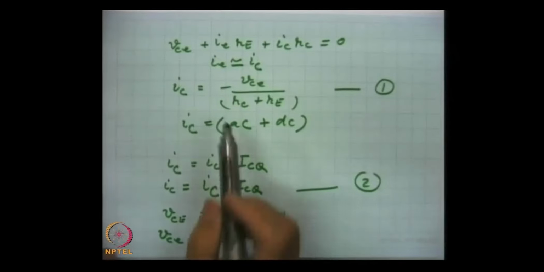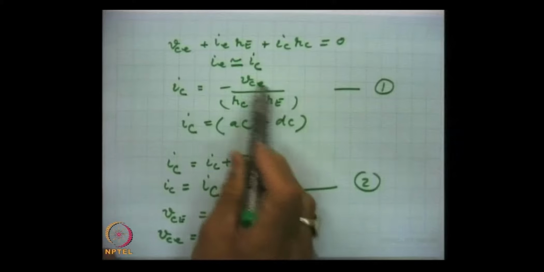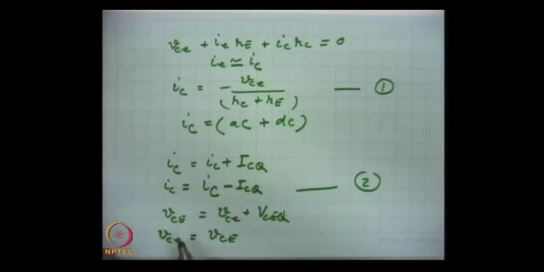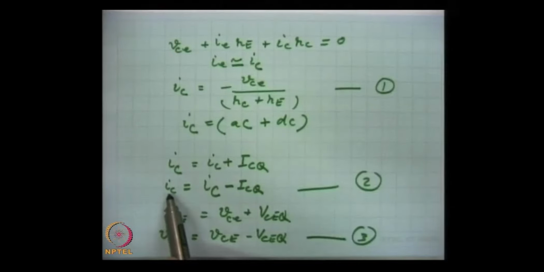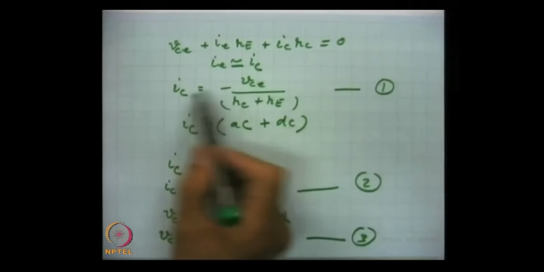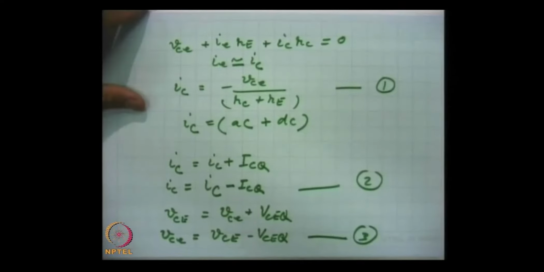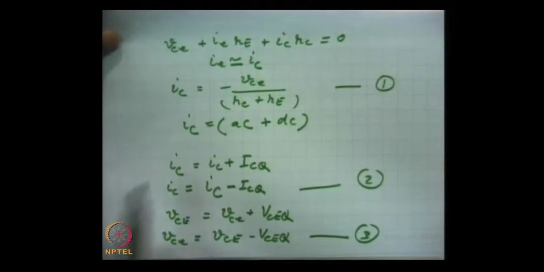These small letters we are using for AC components everywhere, and the larger ones are for DC. This is equation 3. Now, in equation 1 we substitute for ic and vce from equations 2 and 3.